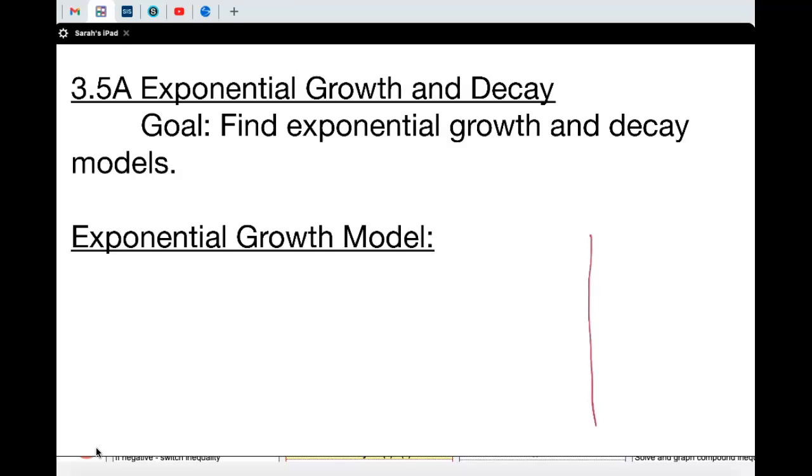So, graphically speaking, it should look like this. Does anybody remember what the model looks like? The equation for it? Okay.